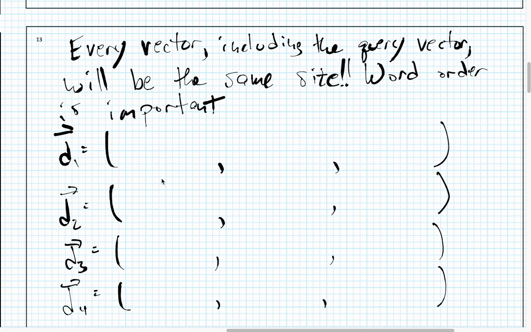Now remember, these components here have something to do with word 1. This has something to do with word 2. This has something to do with word 3. Well, the first thing that's going to go in here, and I'm going to be using some of the abbreviations I gave you before, is the IDF, the inverse document frequency 1.